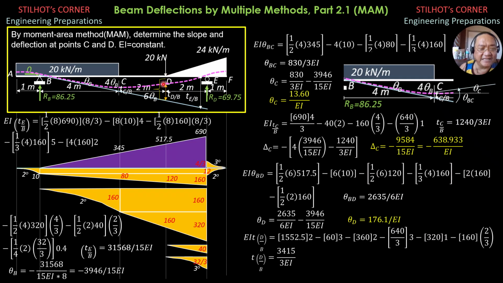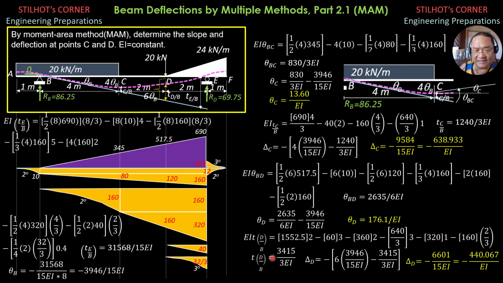So delta D is the negative of the absolute value of 6 times theta B, then minus the absolute value of the deviation of D relative to B, which is this. So delta D is negative 6601 over 15 EI, or negative 440.067 over EI. So that's it for this video.